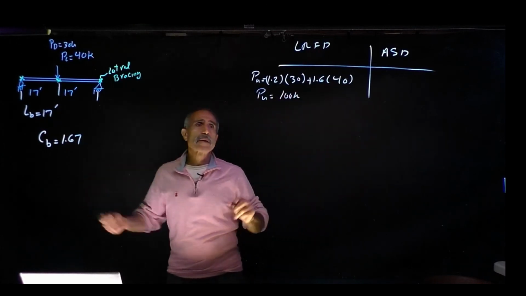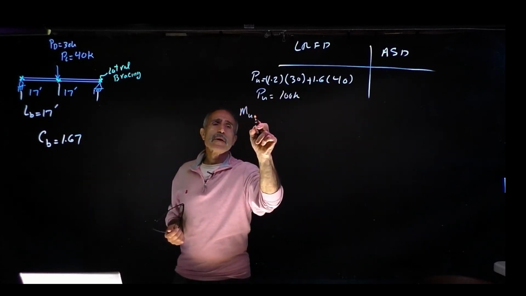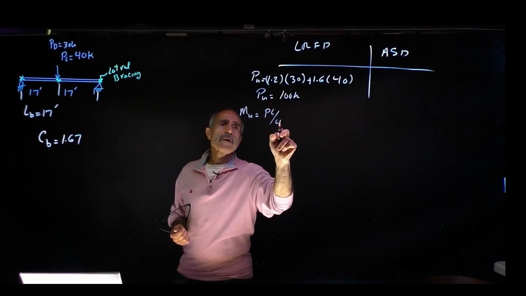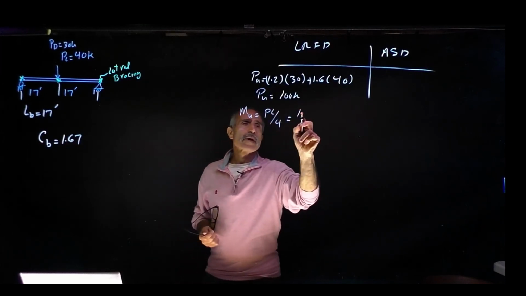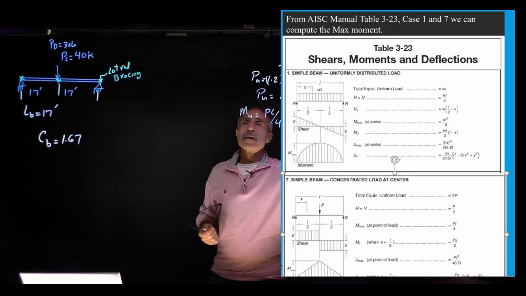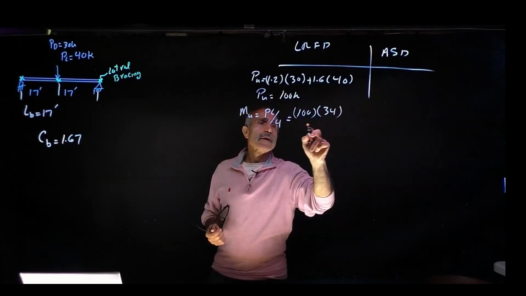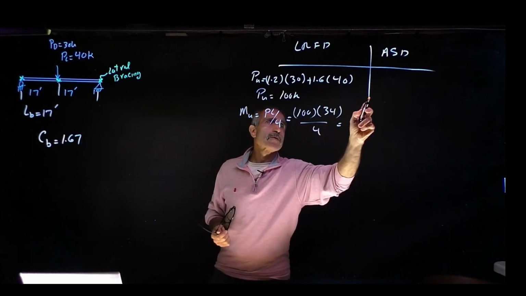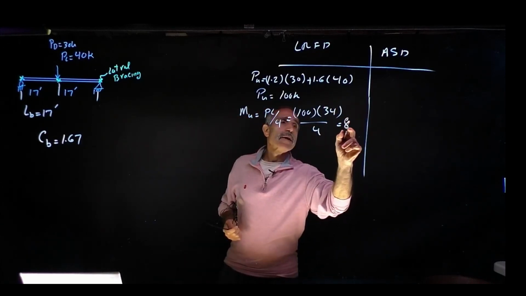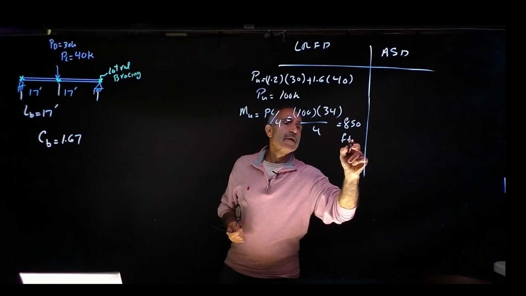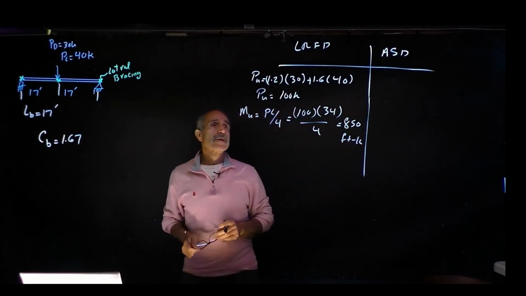From a beam table, our Mu comes out to PL divided by 4, which is equal to 100 times L, which is 34, divided by 4, and that comes out to 850 foot-kip.